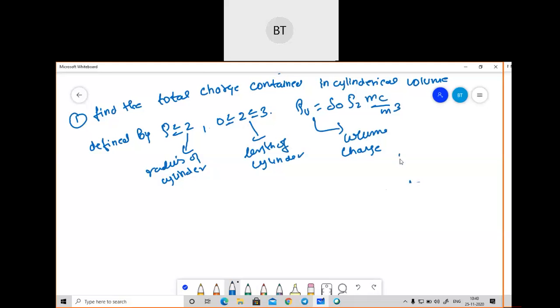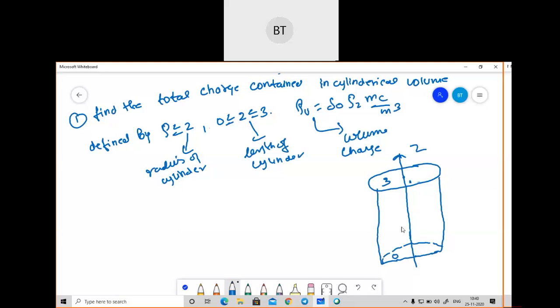So the length will be decided like this, so it will be z, and this is the cylinder, and this is 3. I had already shown you how to draw these things, so I think that will not be any bothering part. This is 0, this is 2.